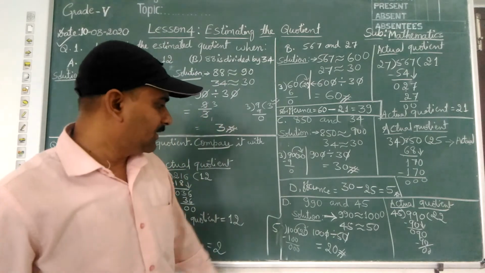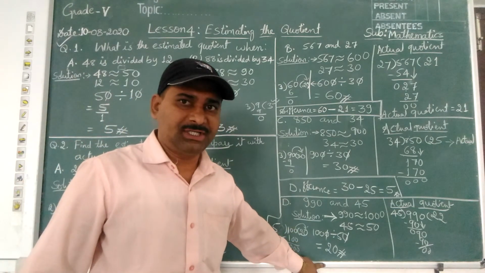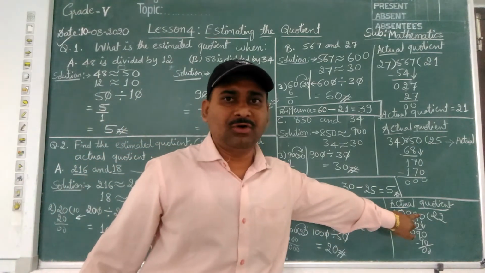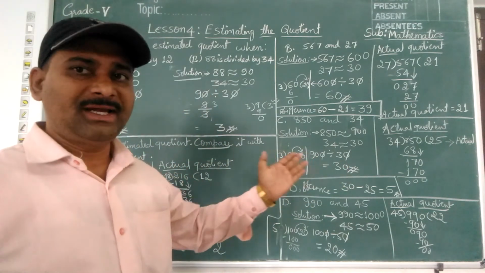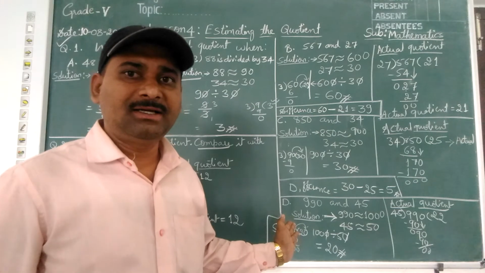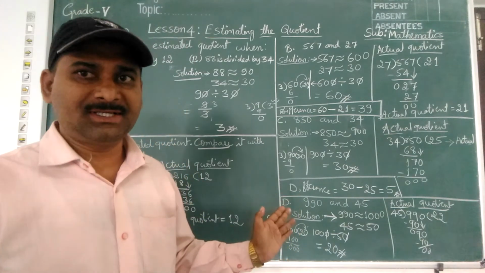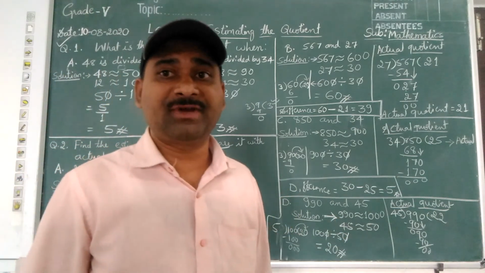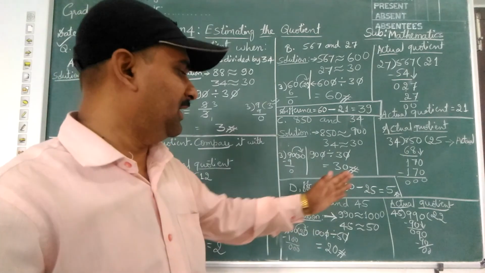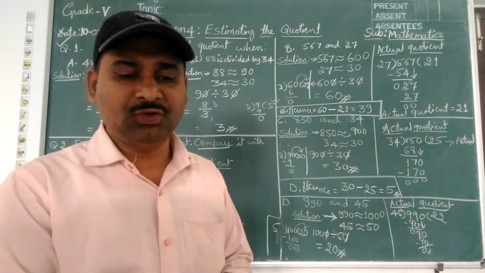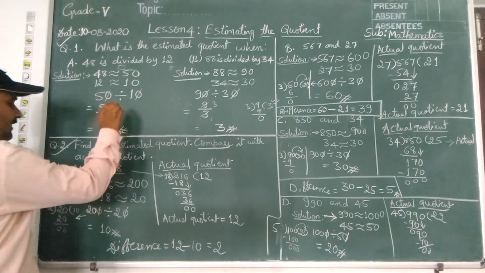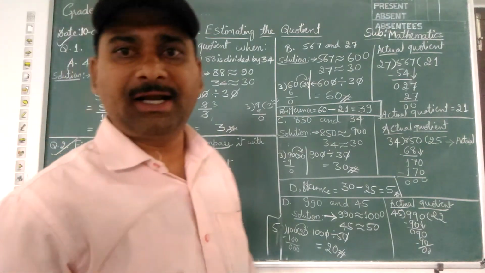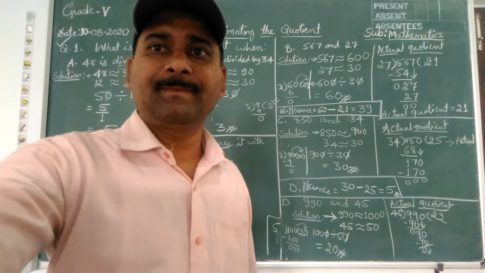Children, I got estimated quotient 20, actual quotient 22. Subtract 22 minus 20, you will get 2 as the comparison. You do the last one yourself, the difference: 22 minus 20 will be 2. So we have completed the second question, right? Okay.